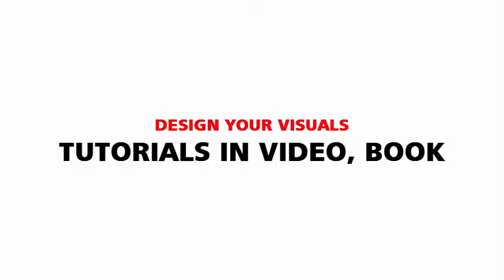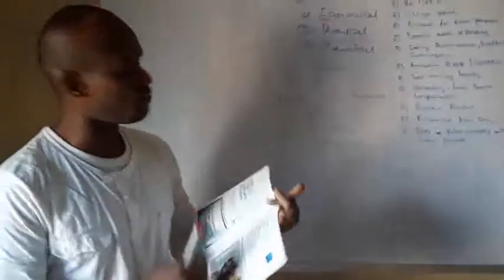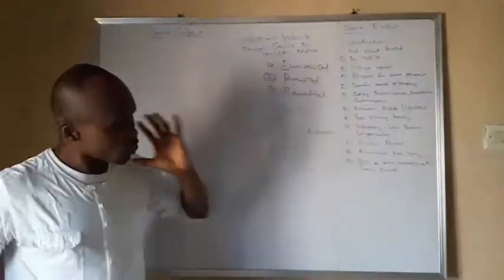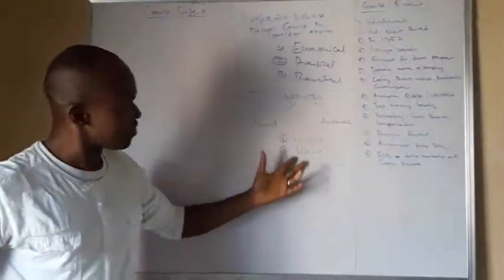The next thing here is we want to design visuals. We can see that here in the book, which is actually in chapter 3 of the book. Either you have the physical book, or you have the book in soft copy. Now in designing your visuals with CorelDRAW and Photoshop, I show you critically from these 3 pointers here how you can make your designs unique using CorelDRAW.